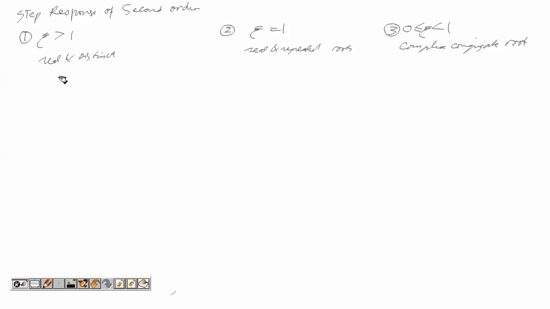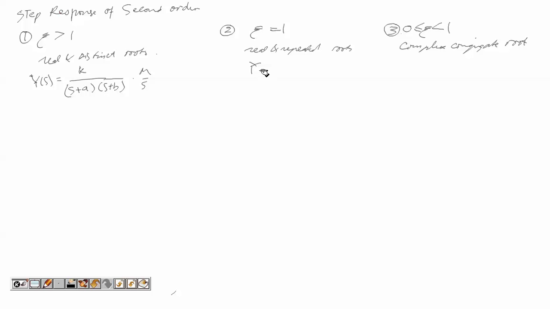Okay, for real and distinct roots, you will get Y(s) is K over (s plus a)(s plus b), for example, for random numbers a and b, so the roots here are s1 and s2, times 1 over s.